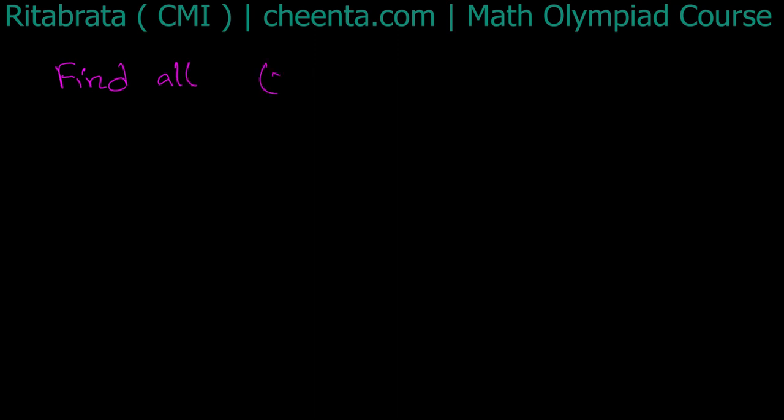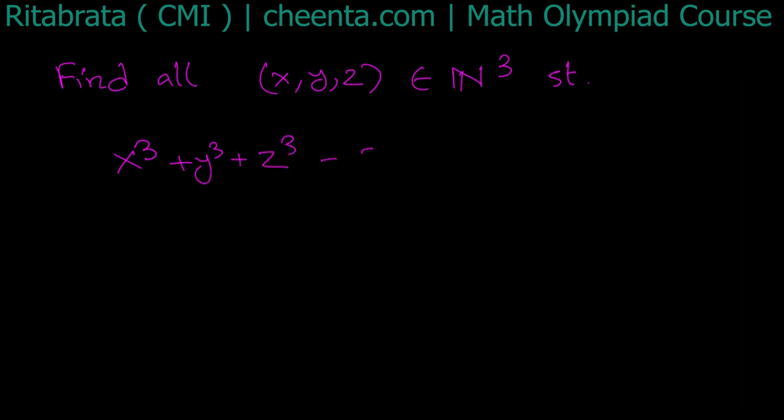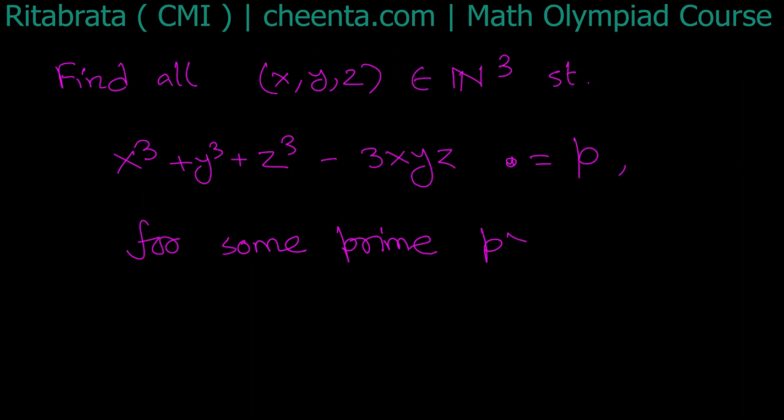As promised before, I'll give you a similar problem. Find all positive integers x, y, z in N cube such that x cube plus y cube plus z cube minus 3xyz equals p for some prime p greater than or equal to 5.